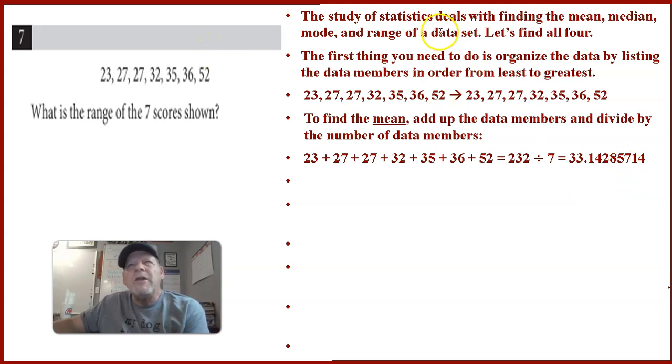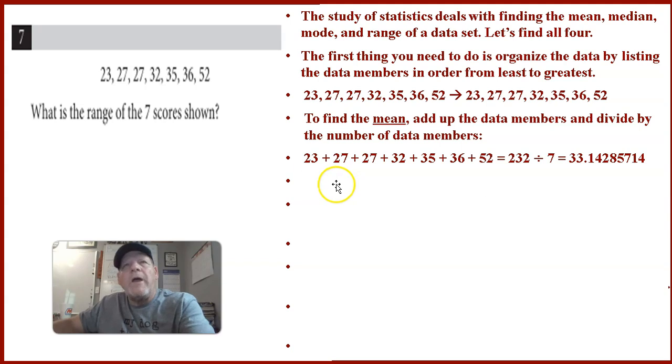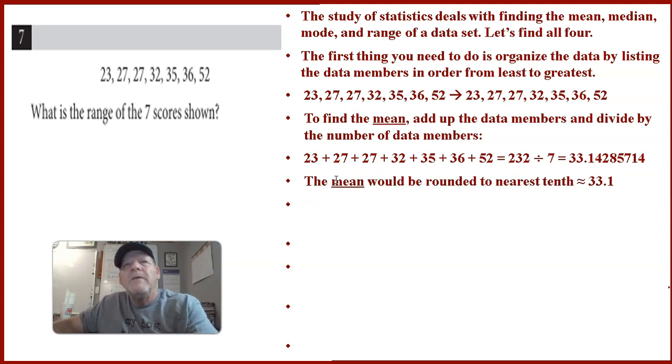Now, usually it would want you to round these. So if we want to round this number to the nearest tenth, the way I teach this, I tell students, underline what you're rounding to. So if I'm rounding to the nearest tenth, I'll underline that 1.